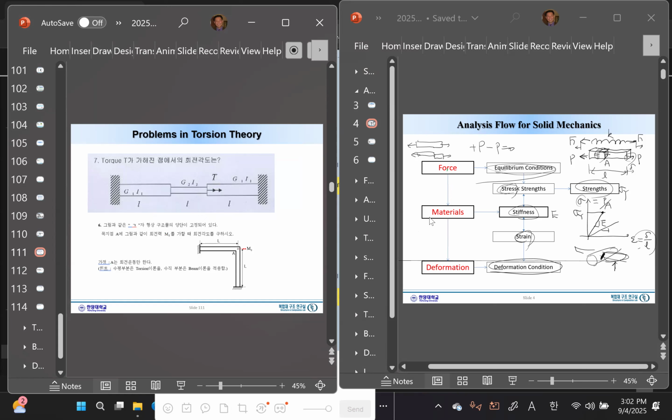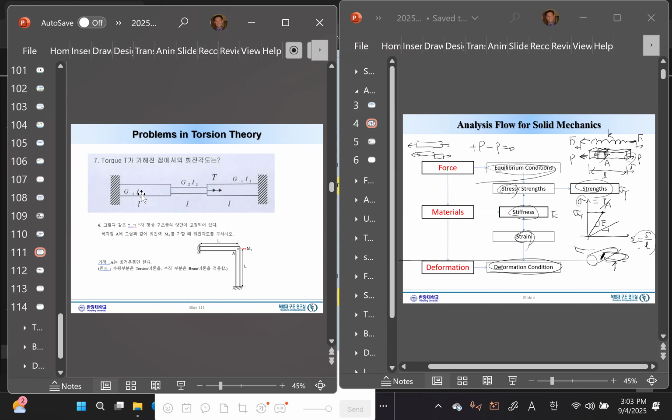And then material, well, we need to understand all the stiffness, this one, that. And then what is the deformation? Deformation condition on the right-hand side and left-hand side, we have a fixed. So this is a given. Now we try to solve how much it rotates, depending on the cross-section, depending on the material properties. And to solve this one, we need to understand what is going on inside.